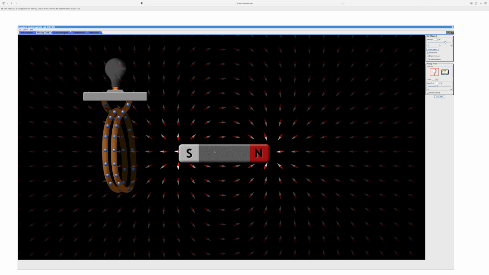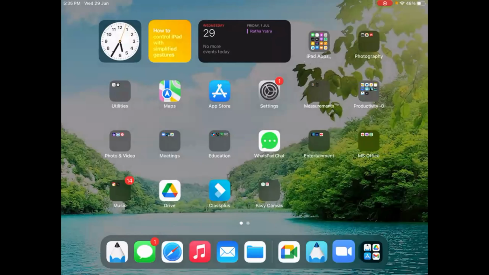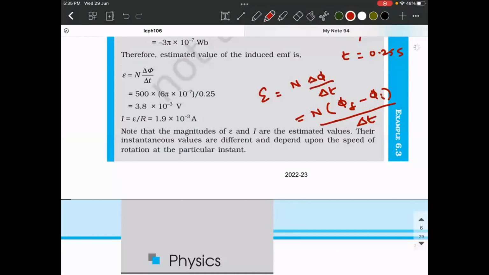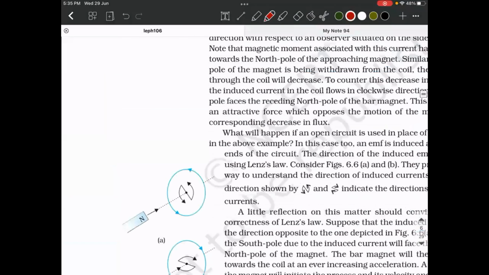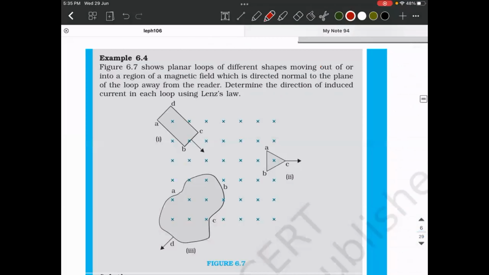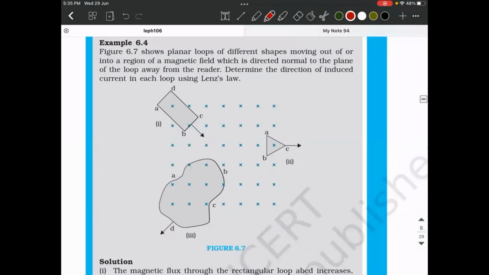So based on this, we will work on some problems. Concentrate. First, I'll give you the hints and teach you, then the remaining problems you try. If you are able to solve this part, half of the chapter is in your hand.